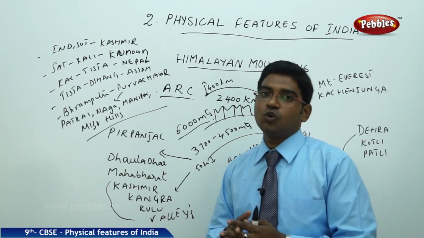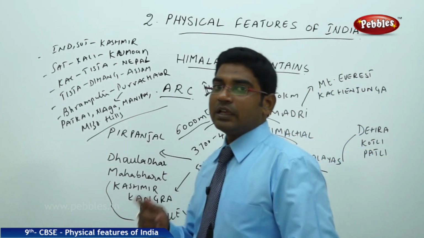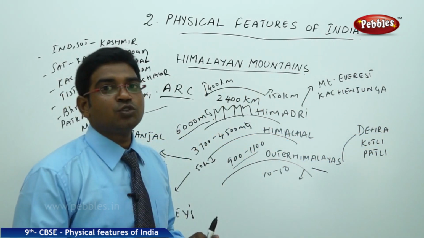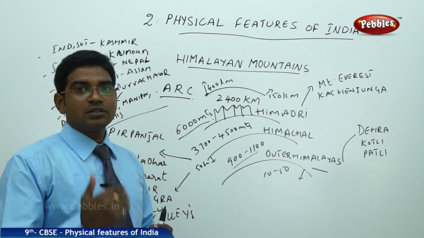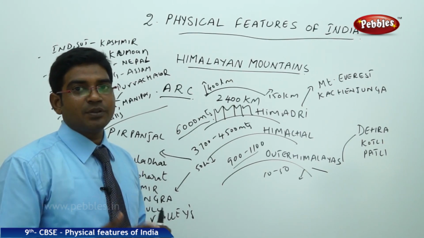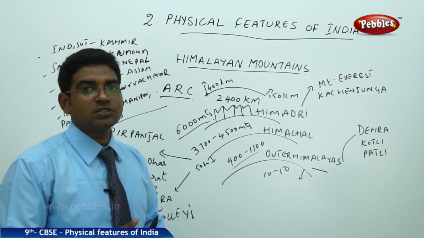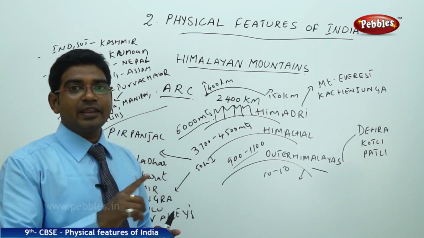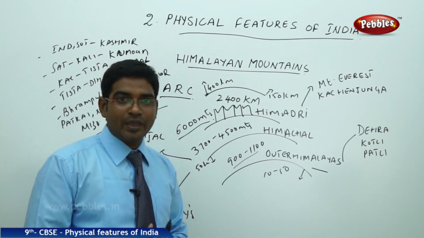So in brief, the Himalayas are stretched in the form of an arc. It covers a distance of 2400 kilometers. Its width varies from west to east from 400 to 150 kilometers respectively, that is from Kashmir to the Arunachal Pradesh region. It covers an area of India estimated at 5 lakh square kilometers.